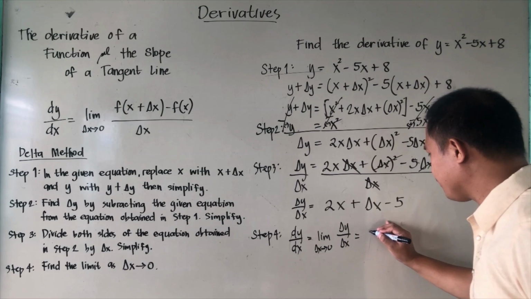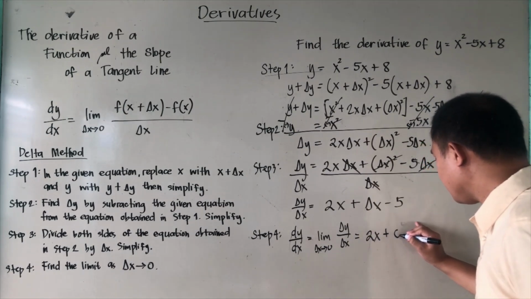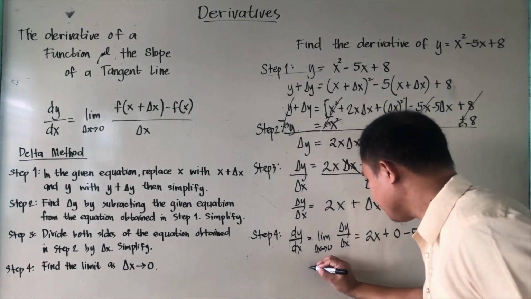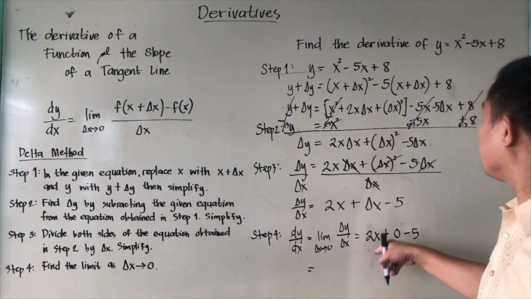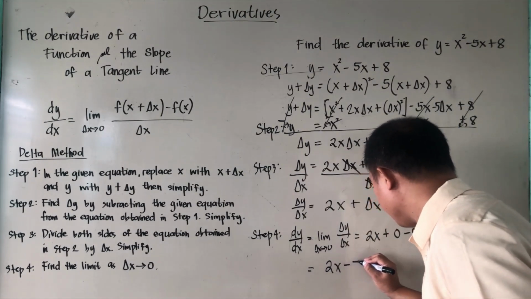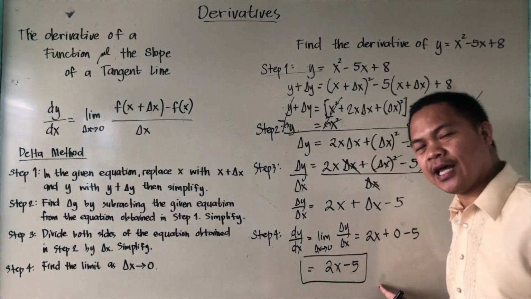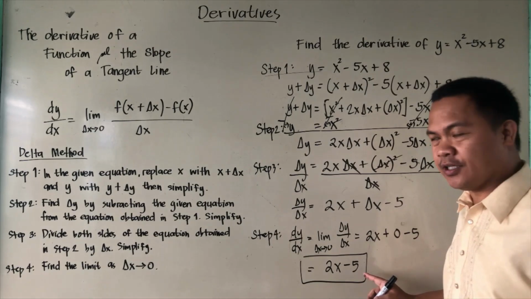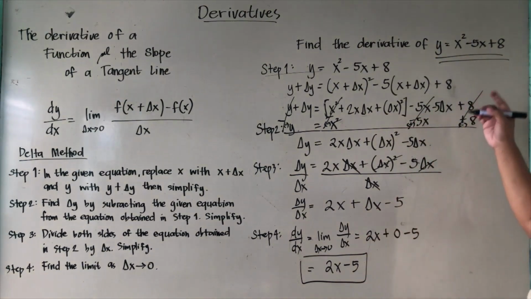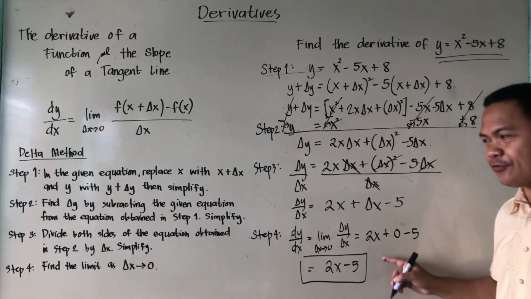So we have 2x plus 0 minus 5. So the limit of the given function will now be 2x minus 5. Ito na po yung magiging sagot niya in terms of the derivative of the given function y is equal to x squared minus 5x plus 8. Okay? Do you have any questions? Clarifications?